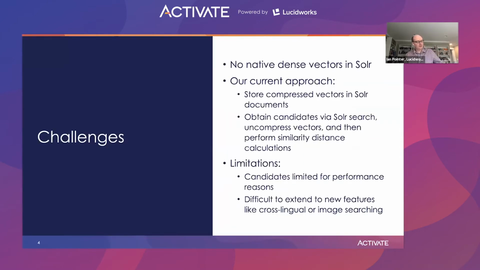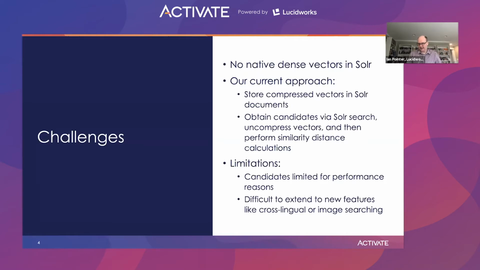So this approach works, but it does introduce some significant challenges, which we've had to try and overcome with our current versions of Fusion. Most of our problems come down from the issue that Solr itself does not have any native dense vector search support. And that means that we have, for the past couple of versions of Fusion, essentially rolled our own approach.